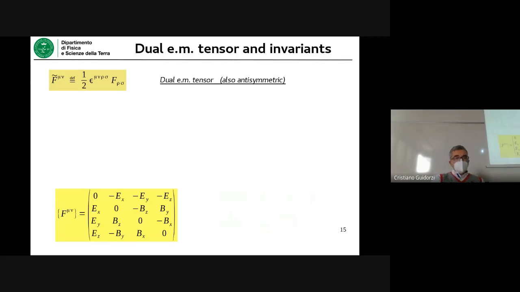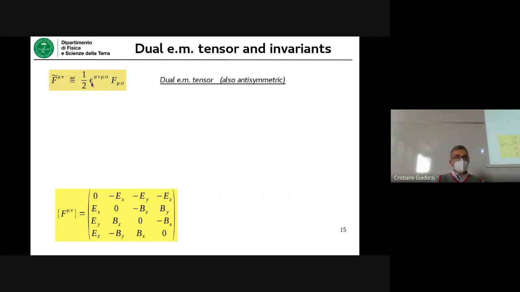Having defined the electromagnetic tensor, you see it is a tensor, so it behaves correspondingly, and it encodes both fields. It has 6 independent components, which are the components of both fields. Having defined the electromagnetic tensor, you can also define the so-called dual electromagnetic tensor.